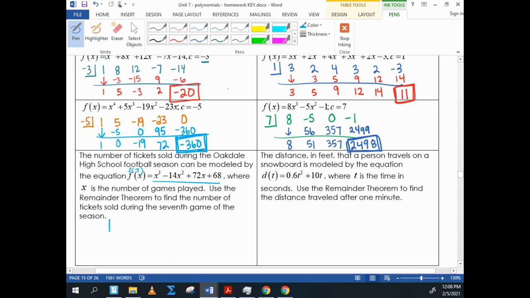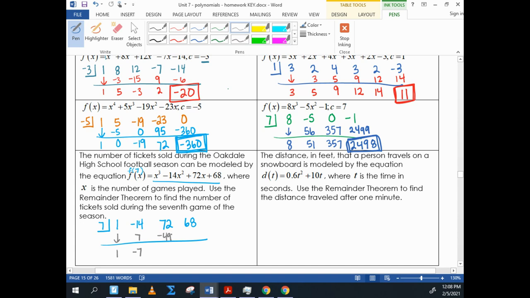So we can do this using our synthetic division. That 7 is going to go in our half box, and we can just use our coefficients up here. So I have 1x to the third, negative 14x squared, 72x, and a 68. Okay, 1 is going to drop straight down. 1 times 7 is 7, goes to negative 7, negative 49.